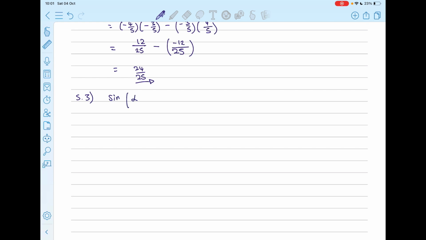Sine (alpha over 2 minus 45) cos (alpha over 2 minus 45), and everything divided by 2.